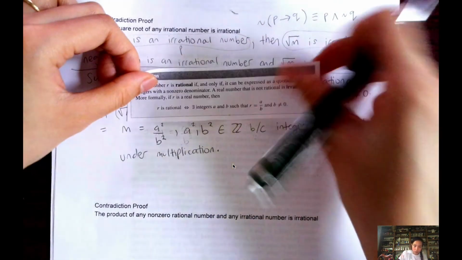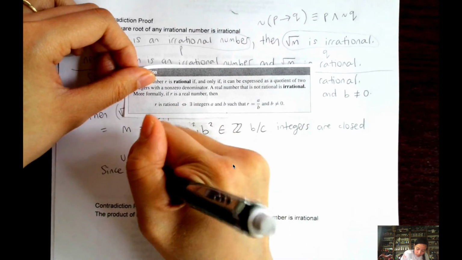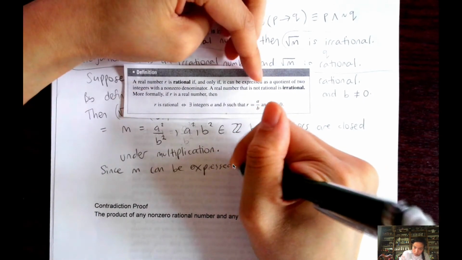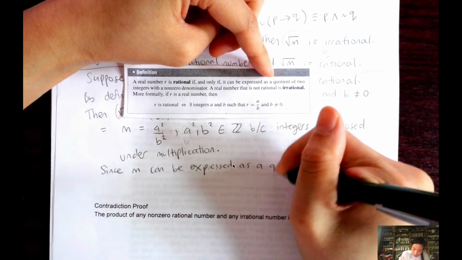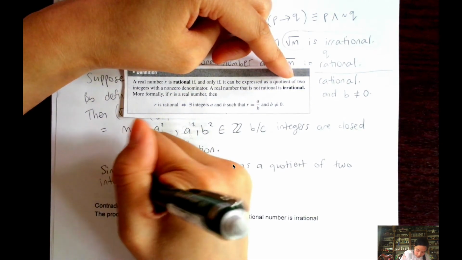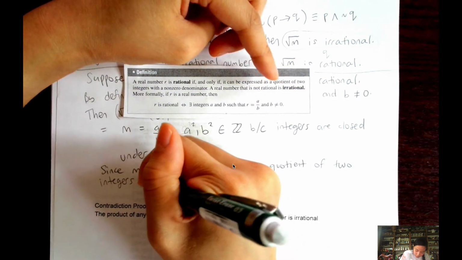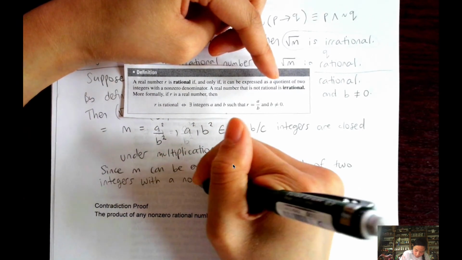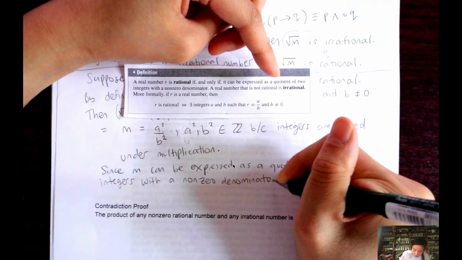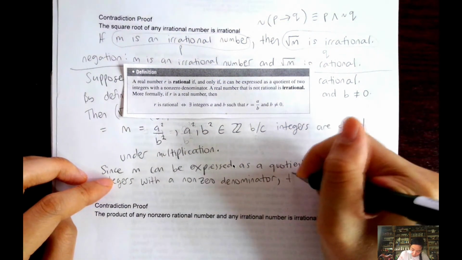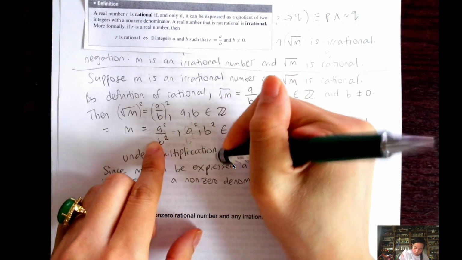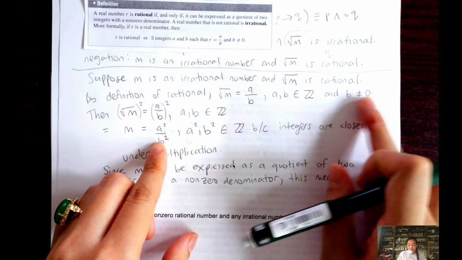So we can use the definition to say, since m can be expressed as a quotient of two integers with a non-zero denominator, this means... I should probably put right here that b squared is not equal to 0, since if b is not equal to 0, then b squared isn't equal to 0.